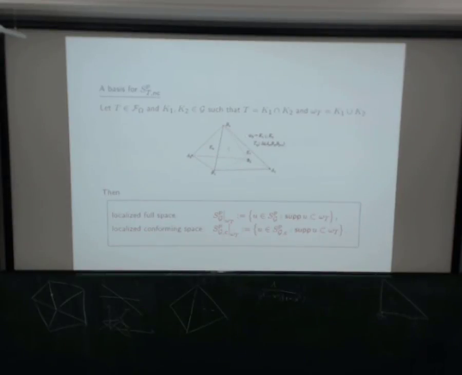A piecewise polynomial is uniquely defined by its values at the nodal points. I have assigned those on the boundary, and the inner nodal points you can choose whatever you like. And the simplest choice would be 0, but maybe for certain reasons this is not the optimal choice.